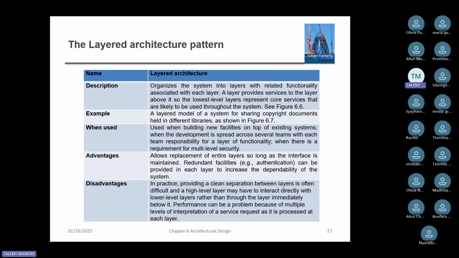Also, we might identify a layer on the top echelon of the layer structure, but in practice, that layer might be interacting directly with the layer that is on the bottom of the list of layers. How then do you represent that in the layered architecture? It becomes very difficult.